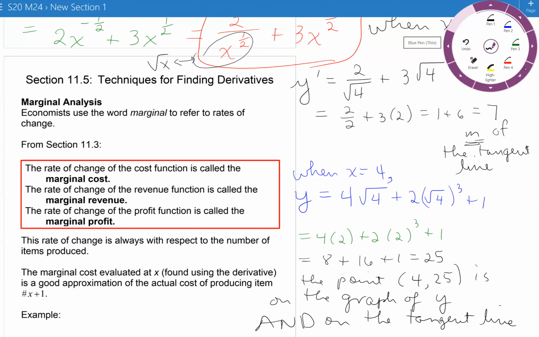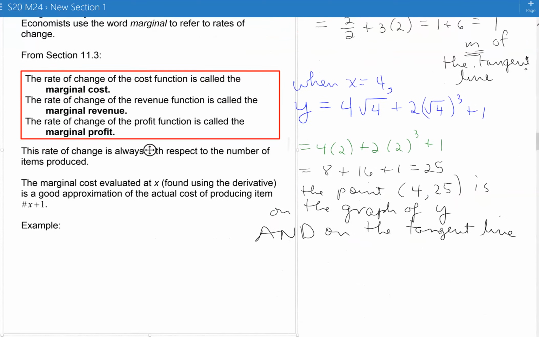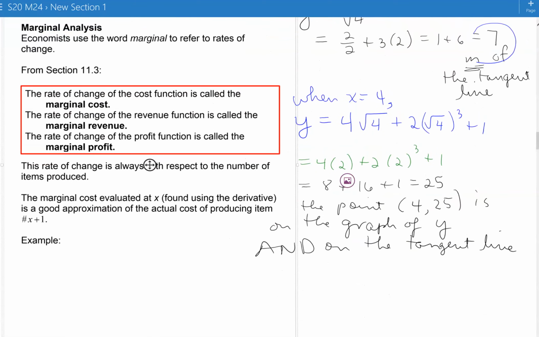So to write the equation of the tangent line, we need our slope, which is 7, and our point, which is (4, 25). And we're going to say it's y minus 25 equals 7 times x minus 4.